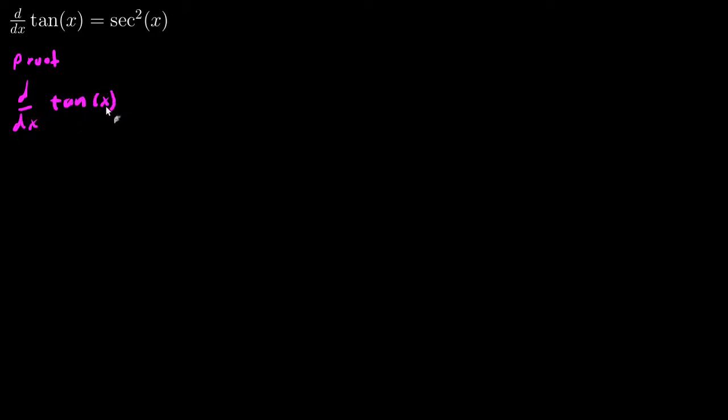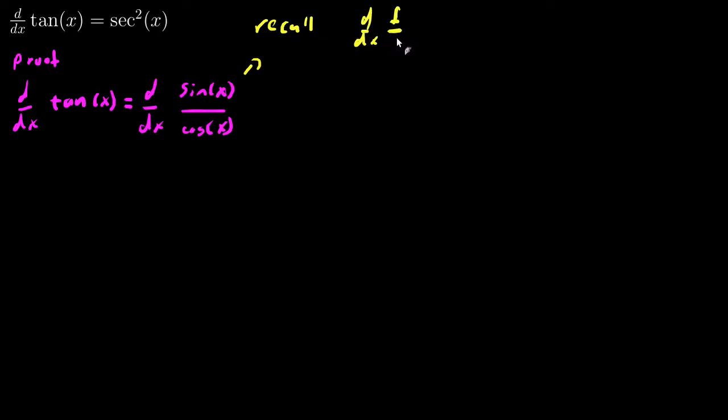And I realize that tangent is equal to sine over cosine, so the derivative with respect to x of the sine of x over cosine of x. And for this, I recall that the derivative with respect to x of some sort of f over g is g f prime minus f g prime over g squared.